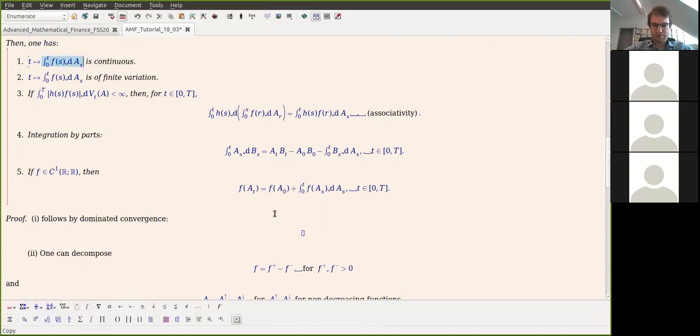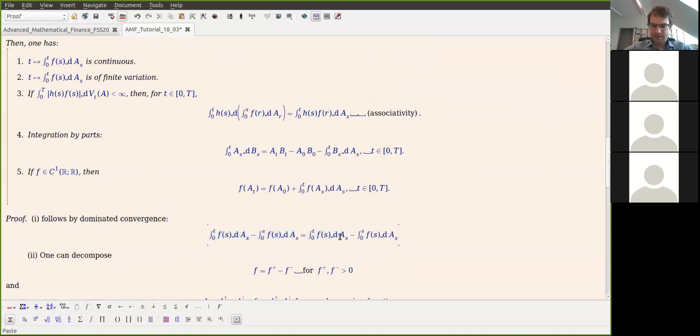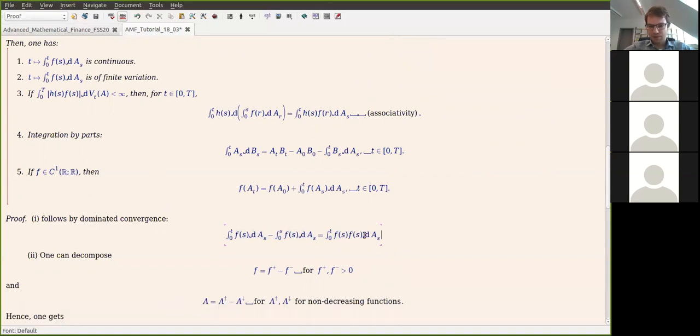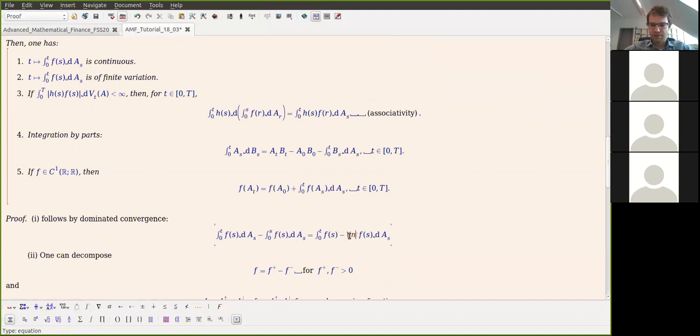So what you do is consider here the difference of s minus t. So that's nothing else than, what do you put in here? You have to put here an indicator function. It's basically the indicator of, so everything is gone which is less than 1.